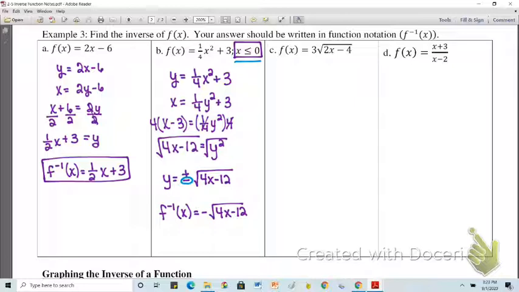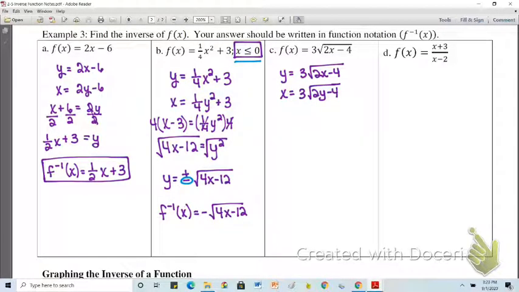Step 1, rewrite f of x as y. Step 2, switch my x's and y's. And now I need to solve.